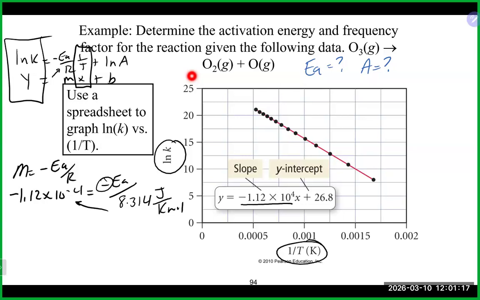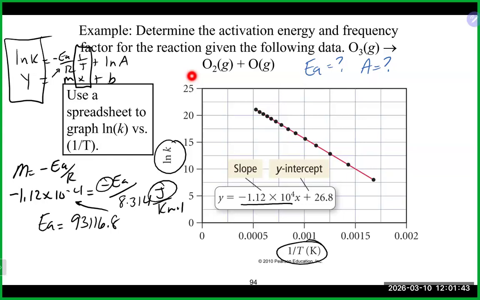So that gets us 1.12 times 10 to the 4 times 8.314.